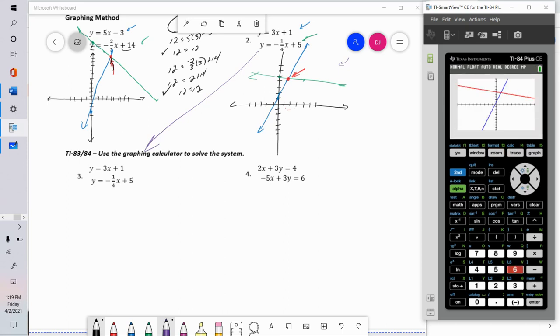Okay. I use blue and green, the calculator uses blue and red, who cares? What I really want to do is find that point of intersection. Now from previous things we've done in other videos earlier in this course, if I go to second calc, I can select number 5, intersect.